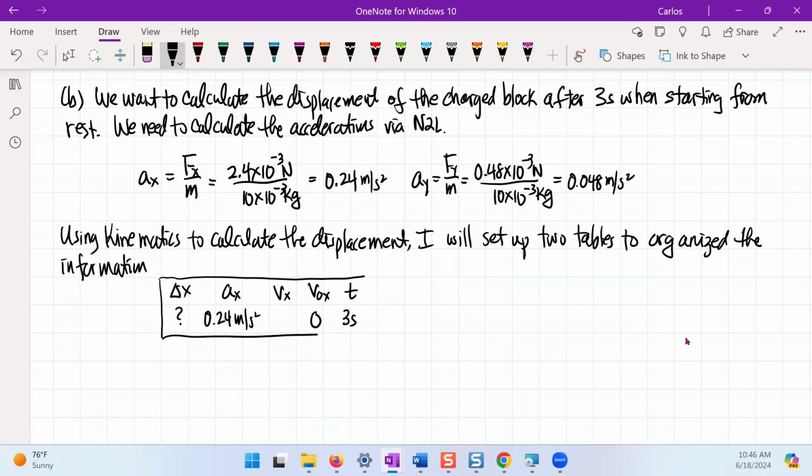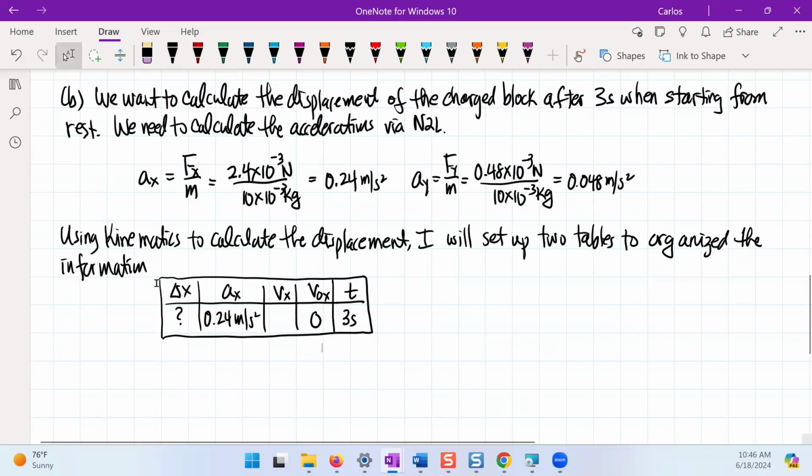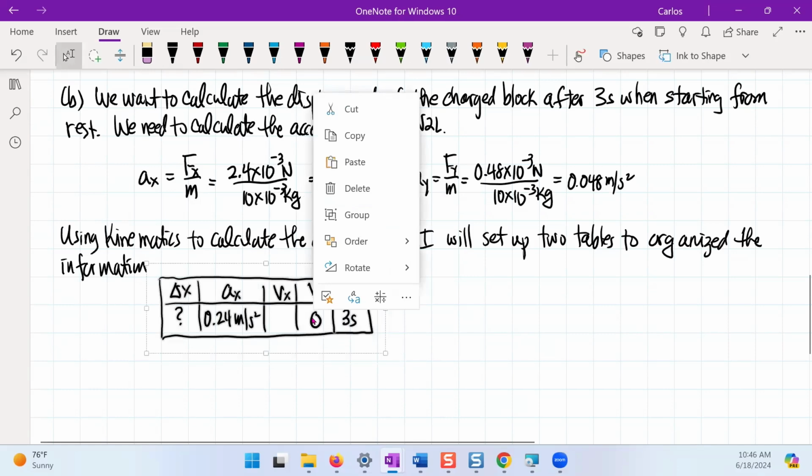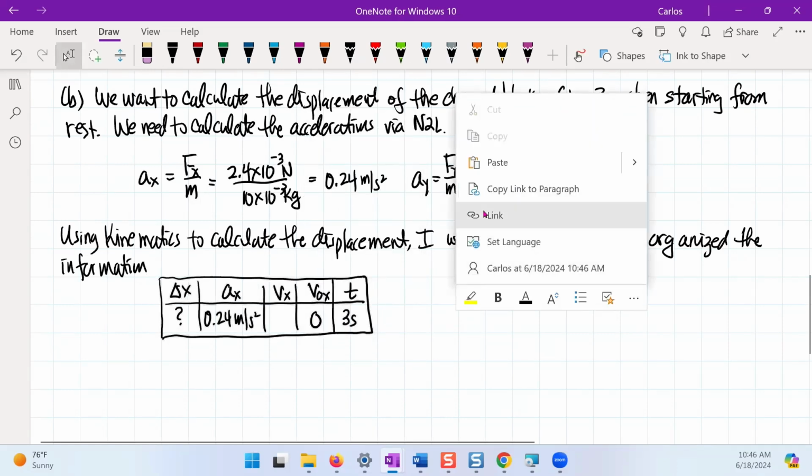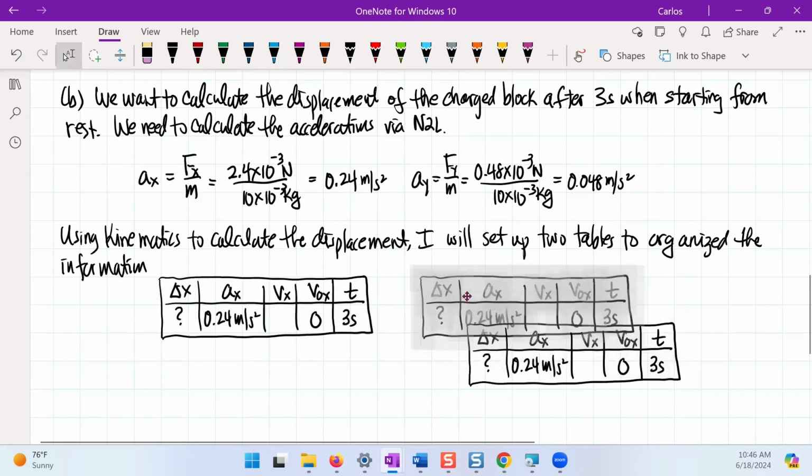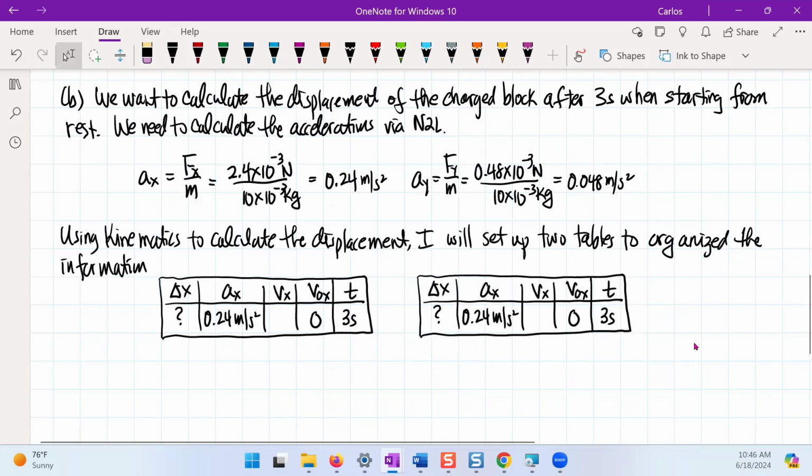Because this is a two-dimensional motion problem, I have to do the exact same thing for the y. So if I copy this and paste it over here, I just have to modify it slightly. I don't care about x now, I only care about y. It starts from rest, and the acceleration in this case is 0.048.